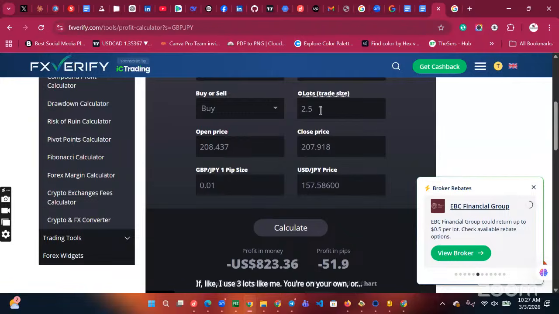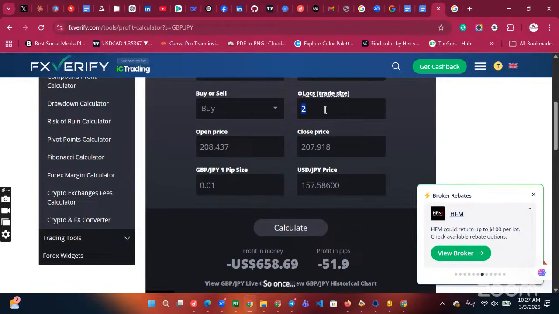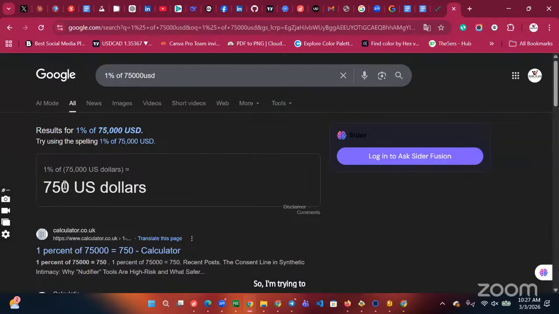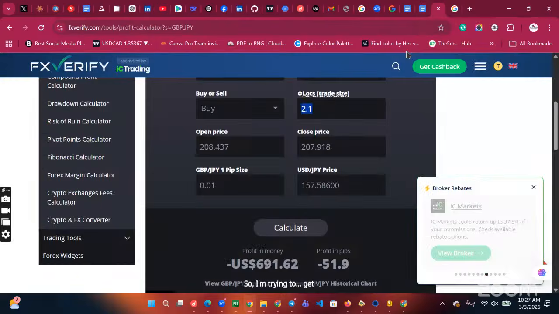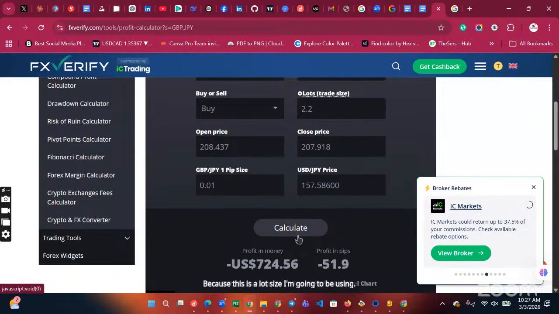So I'm trying to get this exact amount because it's the lot size I'm going to be using. Okay.